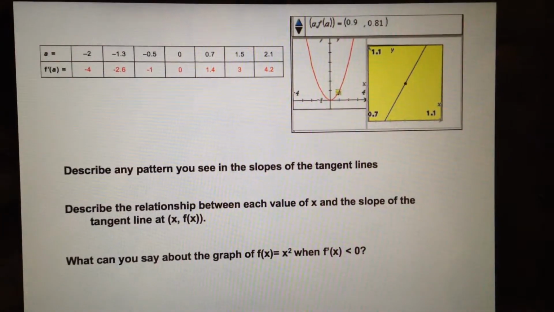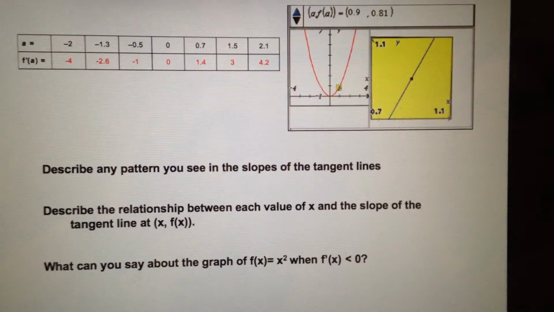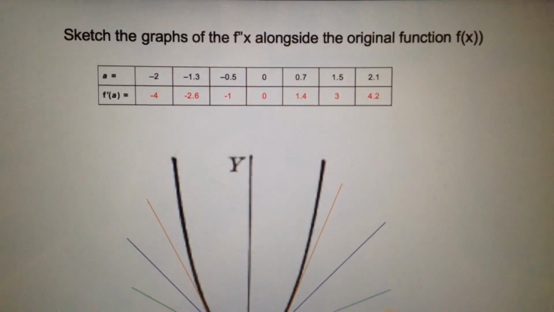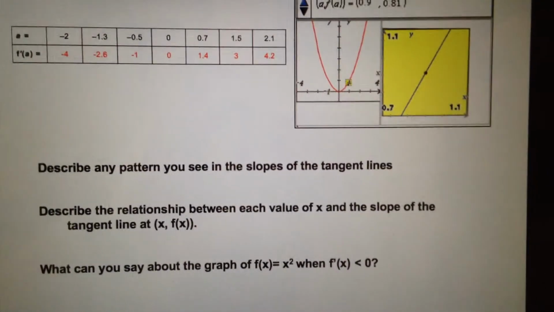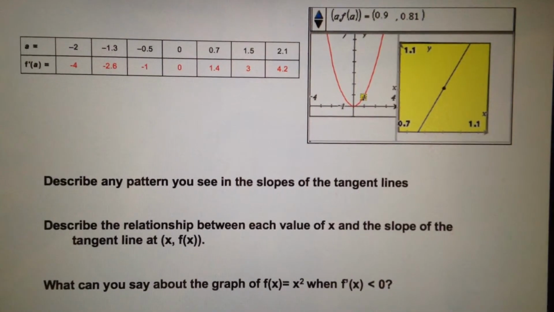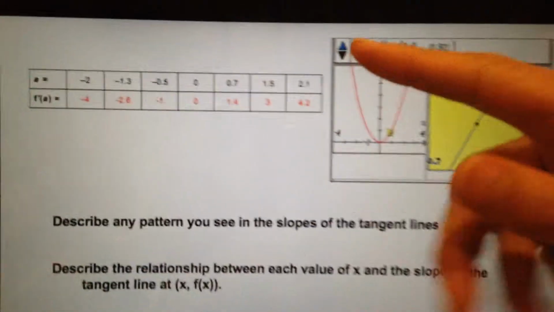Okay, so I want you to describe any patterns you see in the slopes of the tangent lines. What do you notice about these lines as they get closer to the x-axis? What is happening to the lines? And also, what is the relationship between each value of x and the slope of the tangent line? You can see this right here on the little chart.